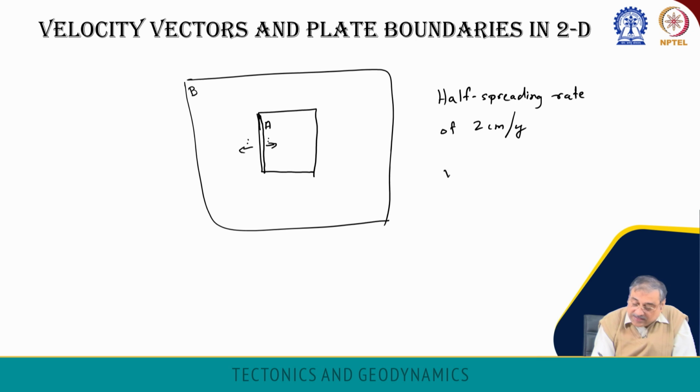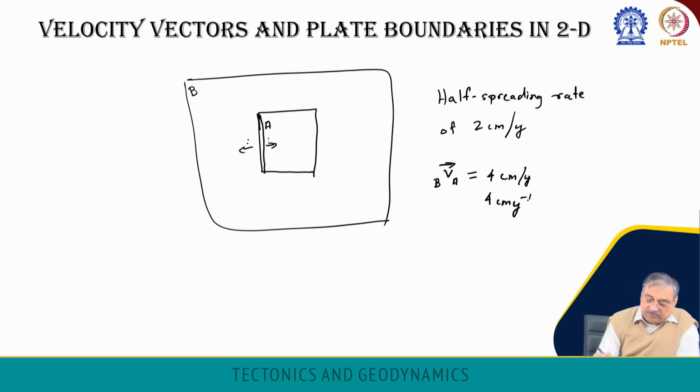Now, the way we depict this, we say that the relative velocity of plate A relative to an observer on plate B, in typical vectorial notation, would be equal to 4 centimeters per year. I can also use this symbol to show you how the plates are moving apart. So, this would be the half spreading rate here.